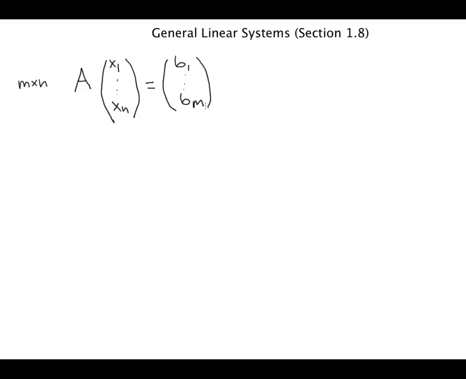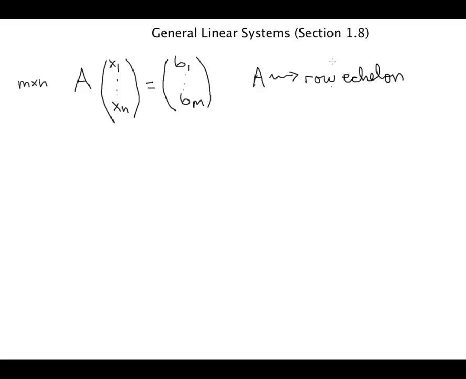We have a general equation like this, and I haven't really discussed this yet, but I mentioned it. We're going to do row and column operations to reduce A to a matrix in row echelon form.